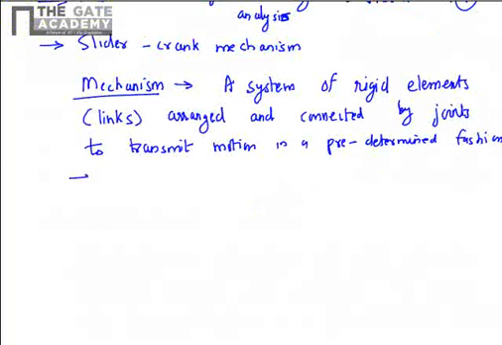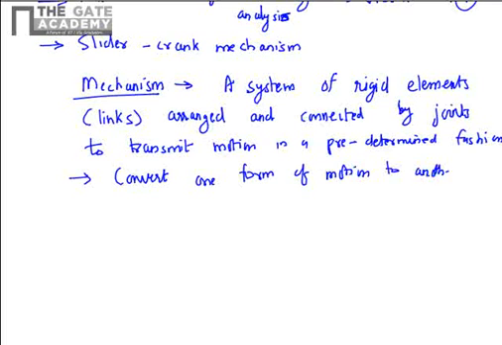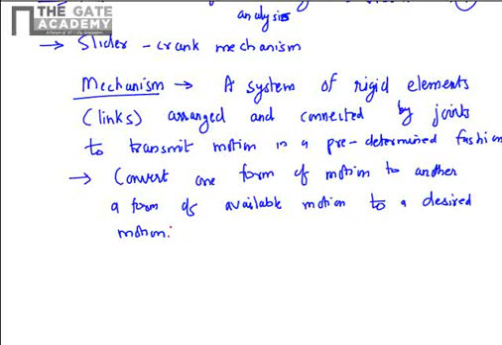So, a mechanism is used to convert one form of motion to another, like from rotary to translational, etc. Or in a broad manner, it is a system to convert a form of available motion, that is the input motion, to a desired motion. So it helps us to achieve that.